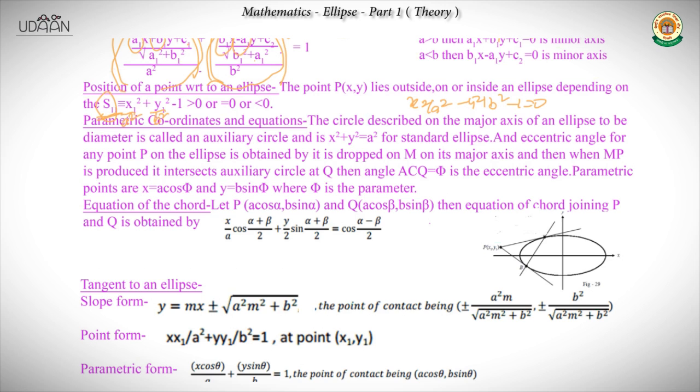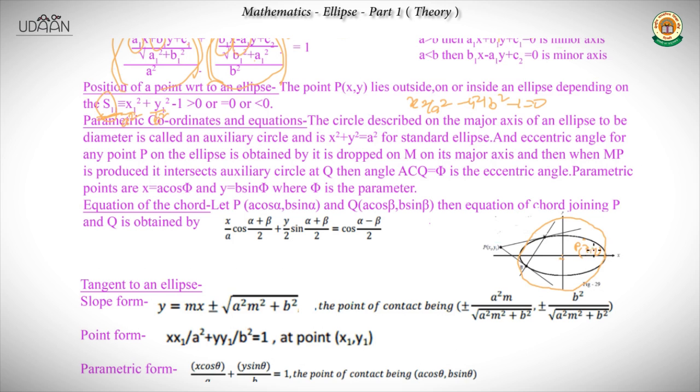Next, in the ellipse we will study the parametric coordinates and its equations. Now here we will derive it in a different manner, not like the other conics. We assume a point P, which is (x, y), and you have to understand that there is a new circle known as the auxiliary circle in the ellipse, and its center is the same as that of the ellipse, but its radius is the semi-major axis length, which is a. So it will be of this form.